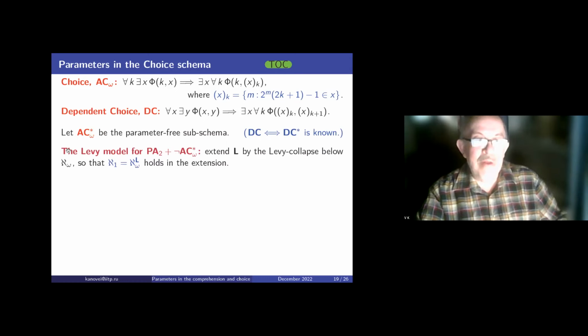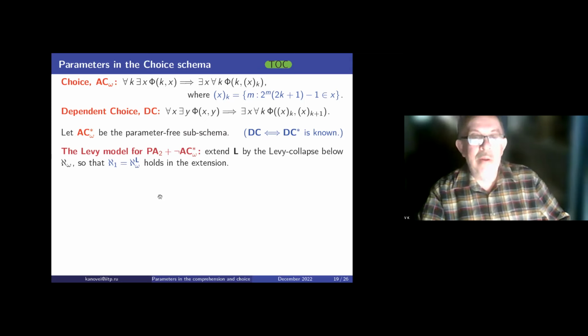But, well, among classical models, there is the Levy model, in which countable choice fails; it's a model called the Levy collapse. So we need to make all cardinals below Aleph omega countable. So in this model, Aleph 1 is Aleph omega of L. And this is actually Levy's result.